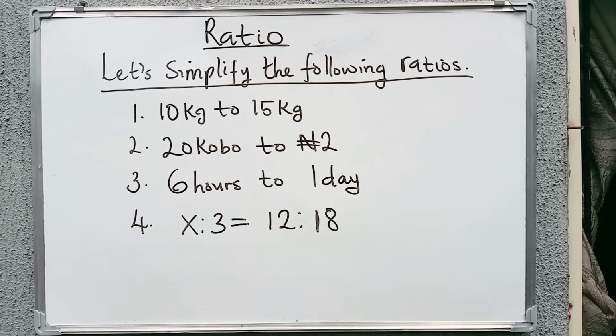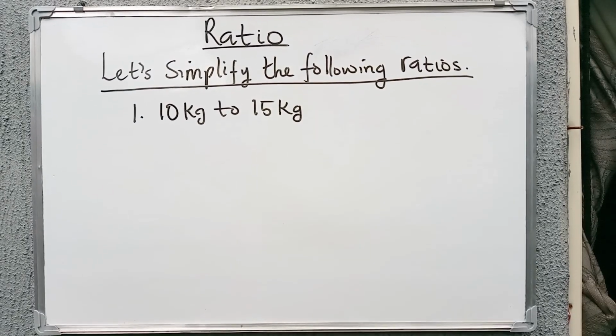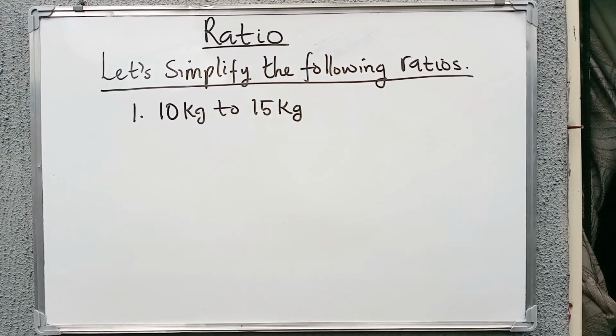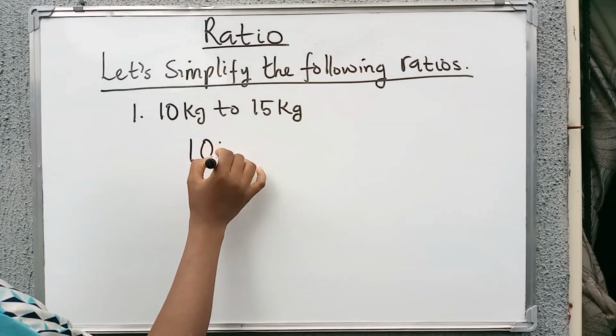Let's look at the following examples to fully understand what a ratio means. In our first example, we have 10 kg to 15 kg.